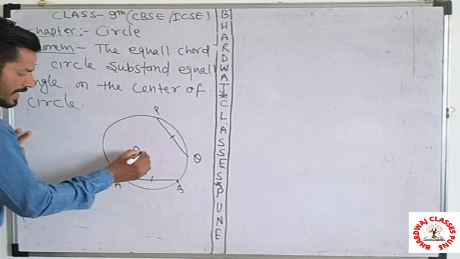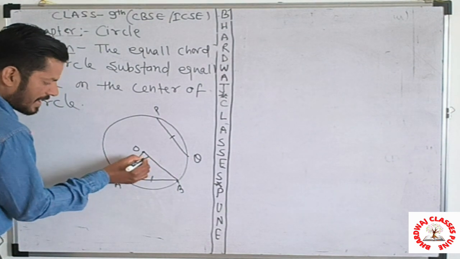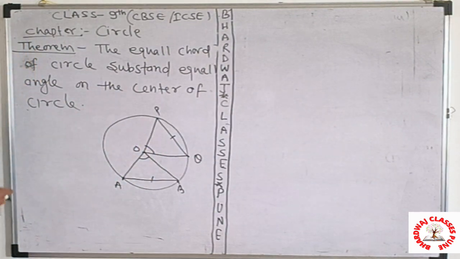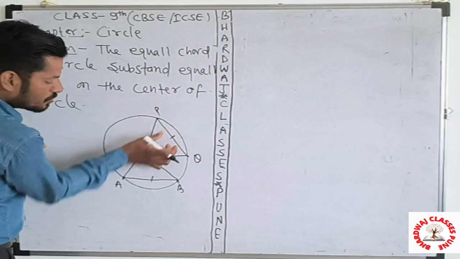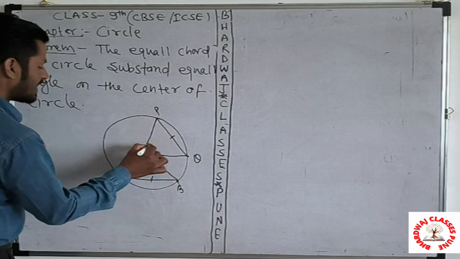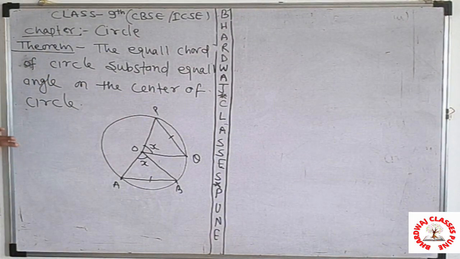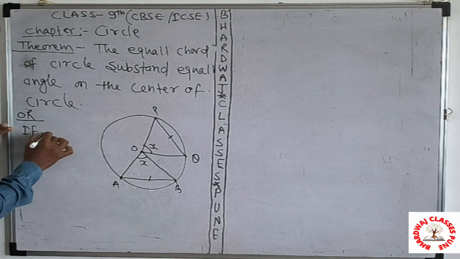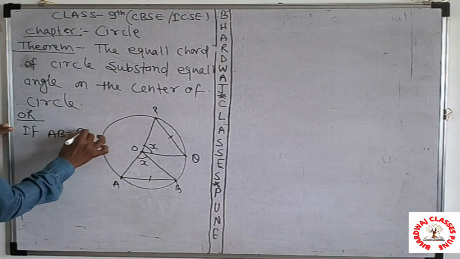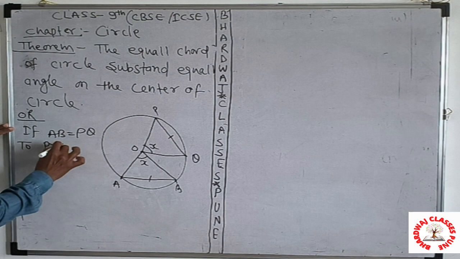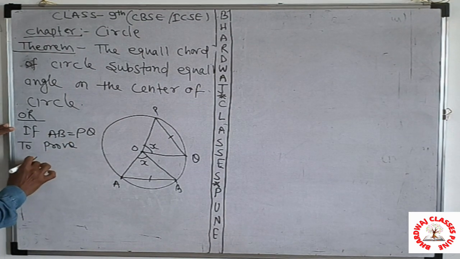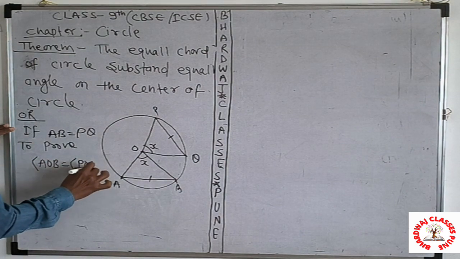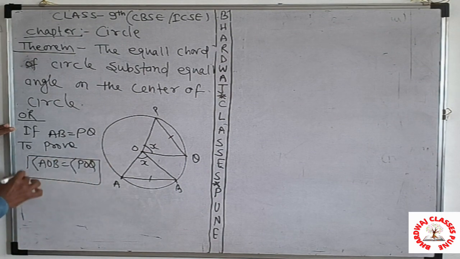Whatever angle is subtended at the center by AB is the same as that subtended by the chord PQ at the center of the circle. That means if these two chords are equal and this angle is X, the other must be X. Or you can say, if AB is equal to PQ, you have to prove that angle AOB must be equal to angle POQ.